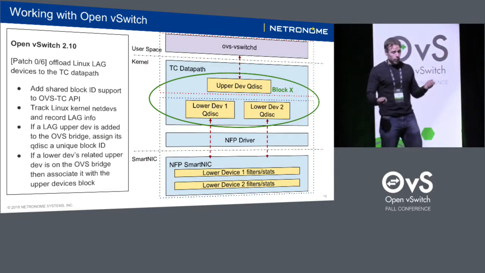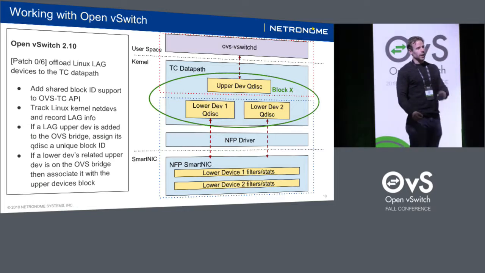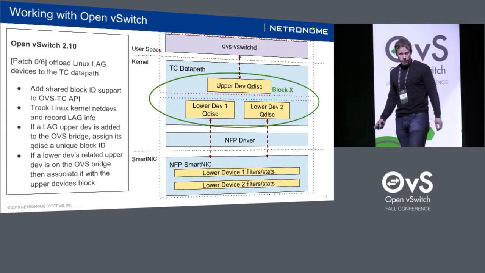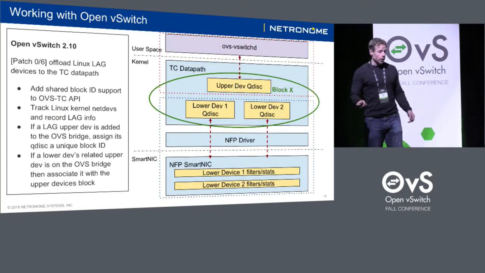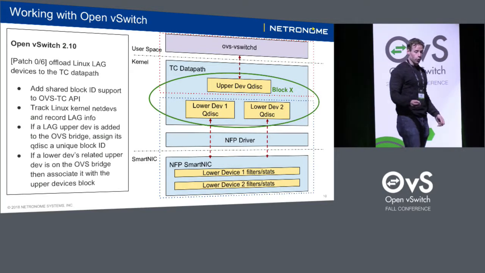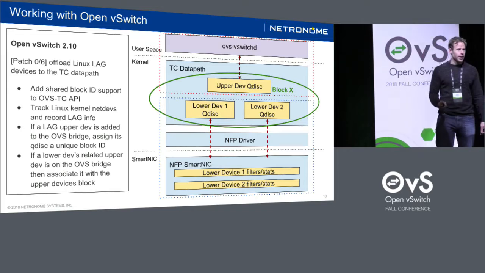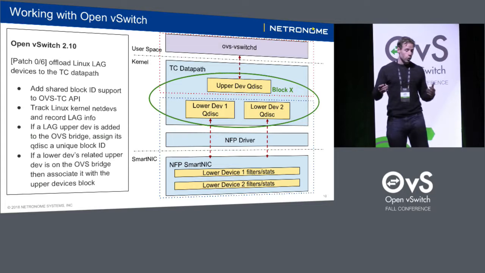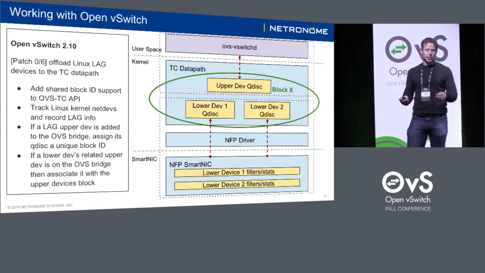Similarly, it will extract some of the stats from anything that matches on our SmartNIC and update these lower level devices. The thing that ties it all together is this green circle with a block ID. This links together, in pure TC land, the upper layer device with its lower layer devices that all comprise the bond.